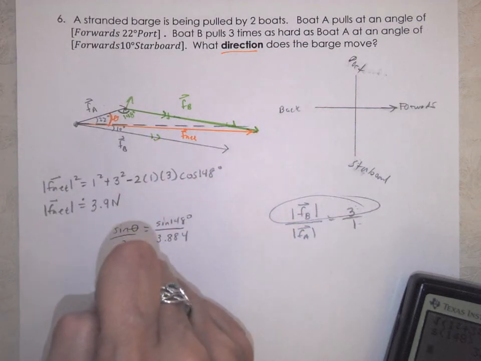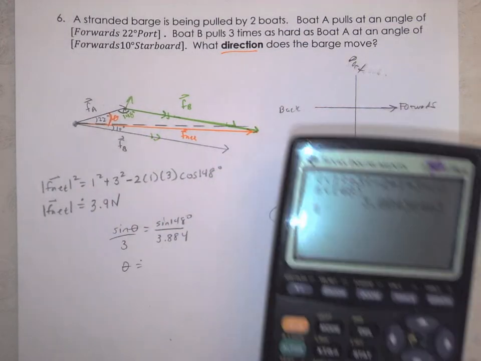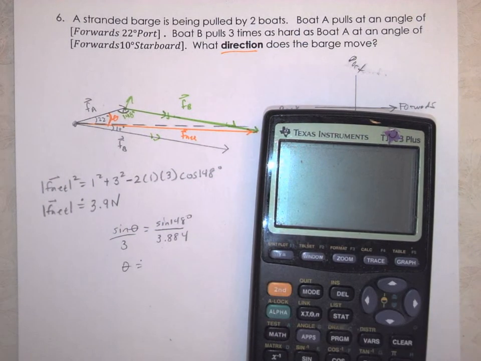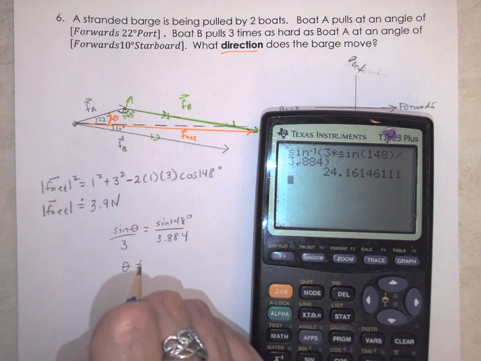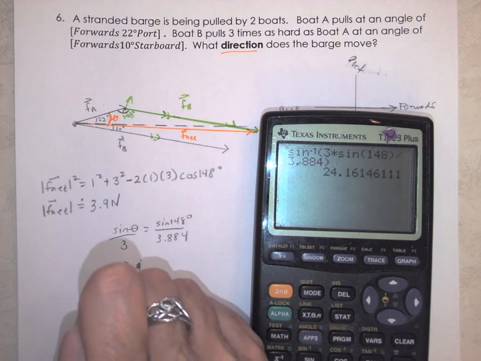So theta is going to be the sine inverse of 3 times the sine of 148 divided by 3.884. That's 24.2, or approximately 24 degrees.